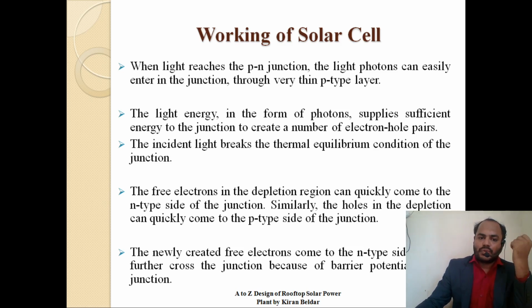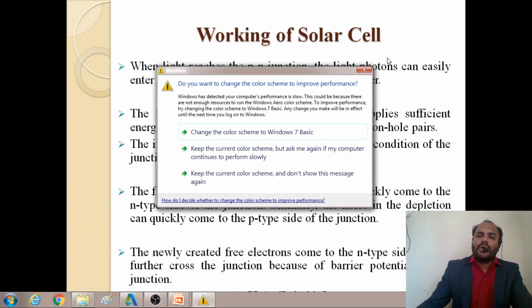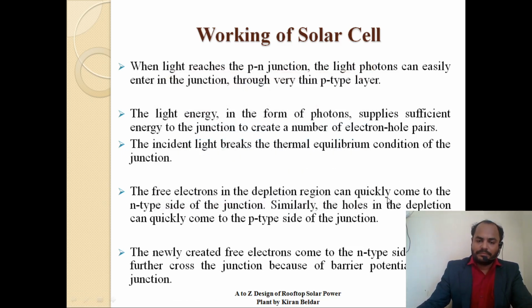The free electrons in the depletion region can quickly come to the N-type side of the junction. Similarly, the holes in the depletion region can quickly come to the P-type side of the junction. Basically, there is an interchange of holes and electrons. Because of the transition of holes and electrons crossing the PN junction depletion layer, electricity is generated.